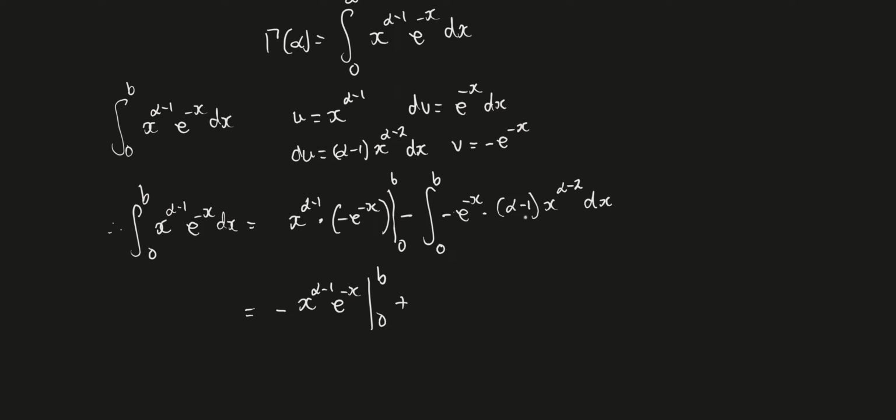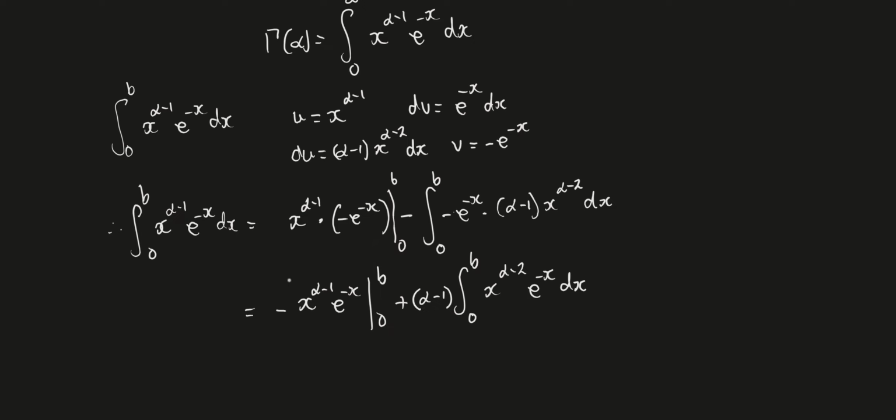And I can also take out the quantity alpha minus 1, because it's just a constant. And then I'm left with the integral from 0 to b of x to the alpha minus 2 times e to the negative x dx. So on this part, we still have the integral, but I have this extra alpha minus 1 out front.